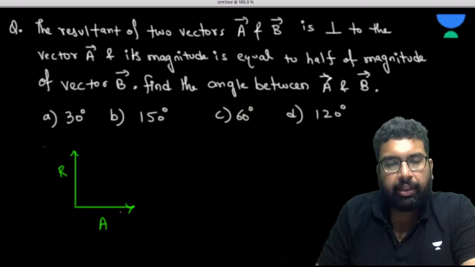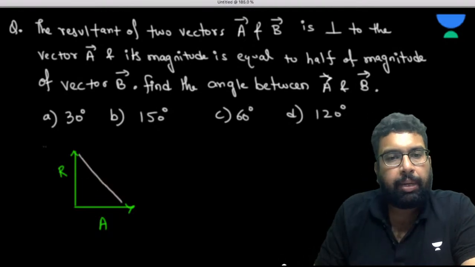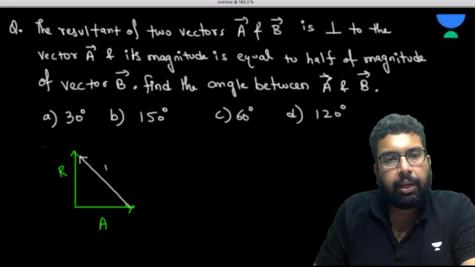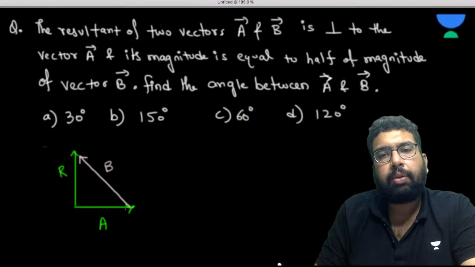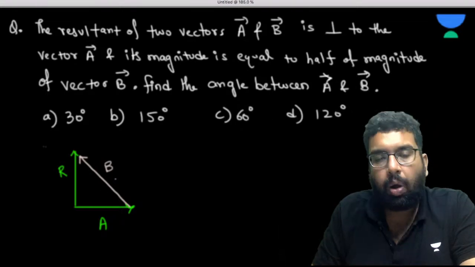Now if this is A, this is R, so this has to be B. So this is A, this is R, this has to be B. So what we have applied is the triangle law of vectors.